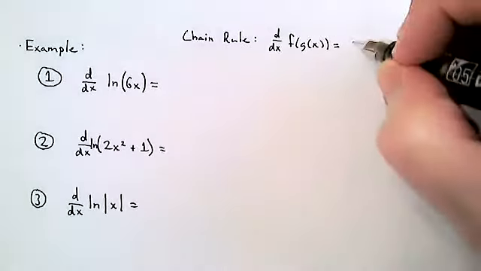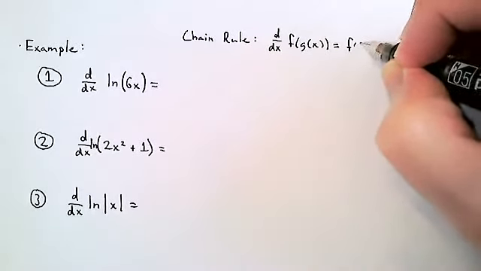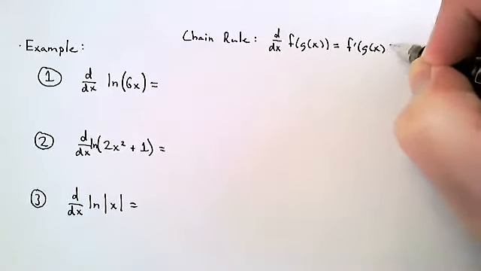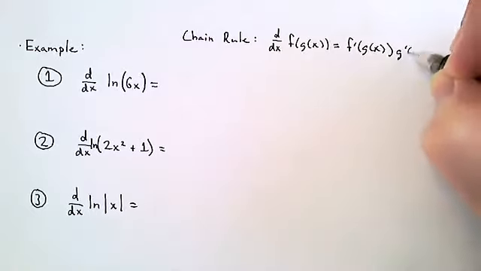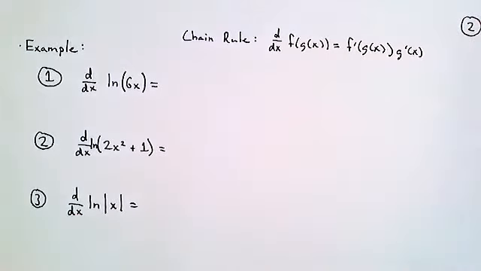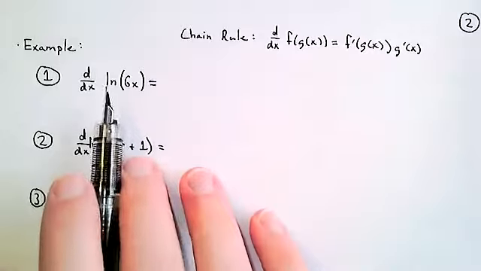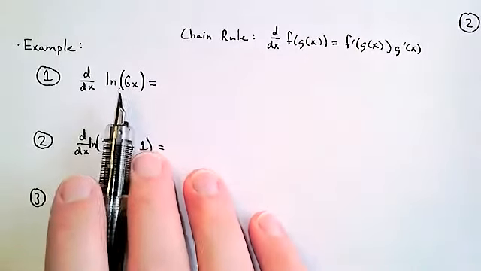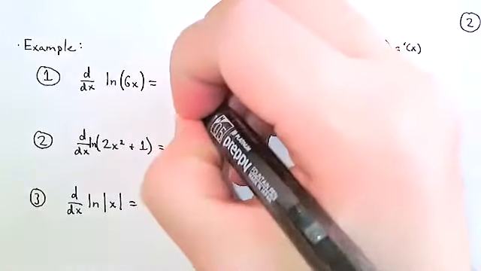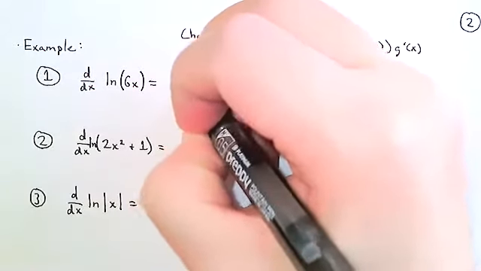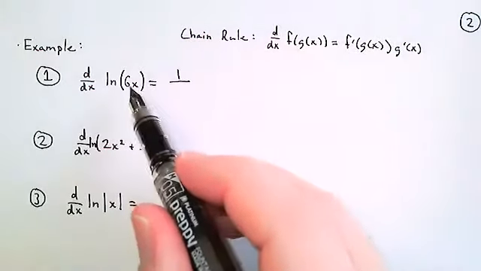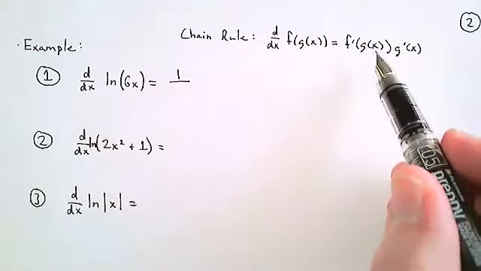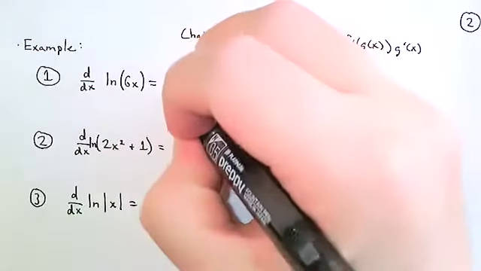Okay, so the chain rule, remember we have an outer derivative and an inner derivative. So we need the outer derivative of the natural log. So remember that was the 1 over x. But instead of writing x, I'm going to write what's inside the parentheses, the other function.